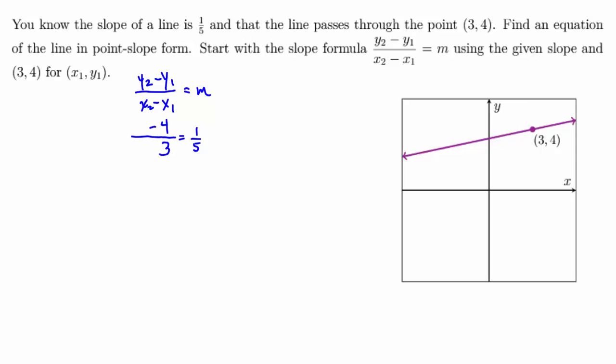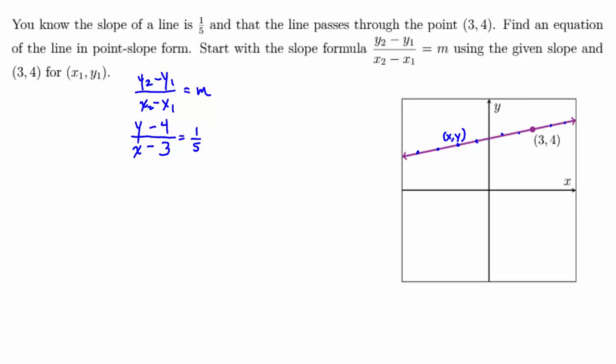Now, in terms of x2 and y2, I don't know another point on that line. So if I look at this line, I need another point that works for any of those. And so I'm going to denote it with variables x, y. So any other point on this line, they will vary, and I'm going to use x, y to denote them. So I will put y in for y2 and x in for x2.